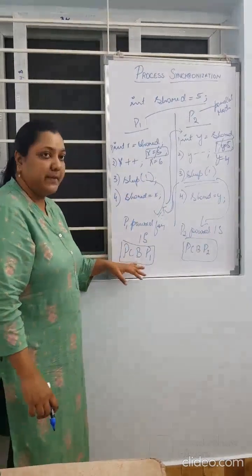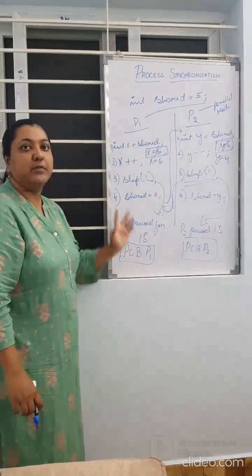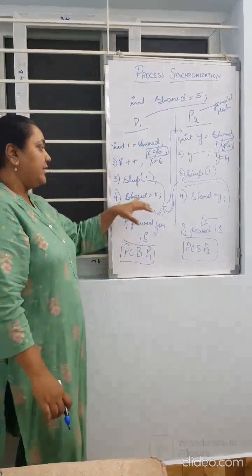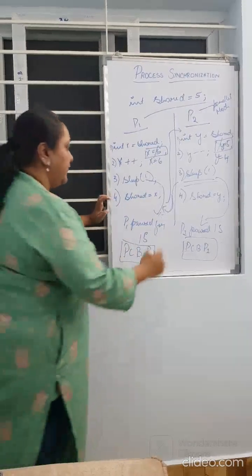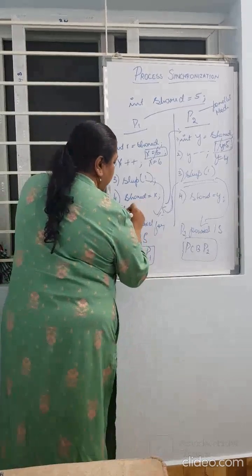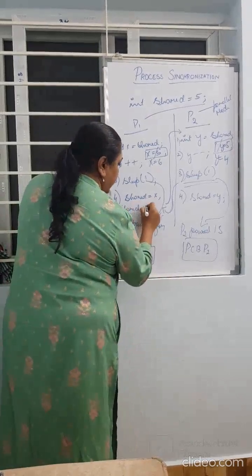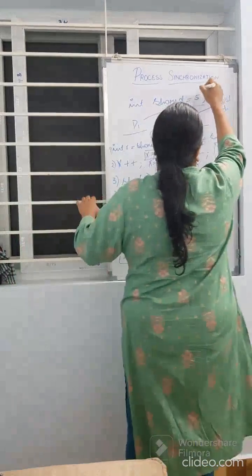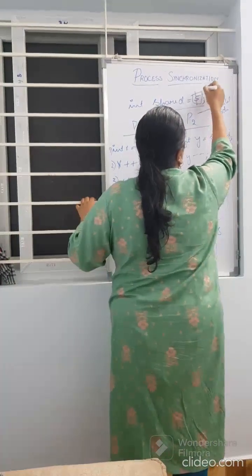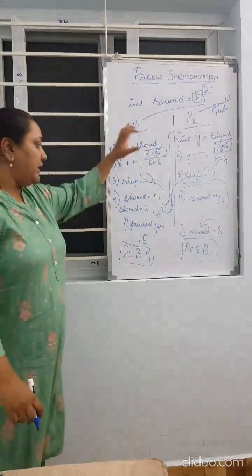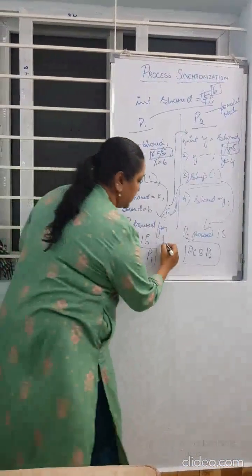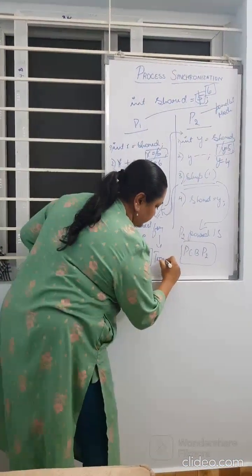Since the PCB has been saved, all the details of process P1 are there, and the fourth instruction is being executed. Here, shared is going to be updated to 6. Once this is done, this process has been terminated.